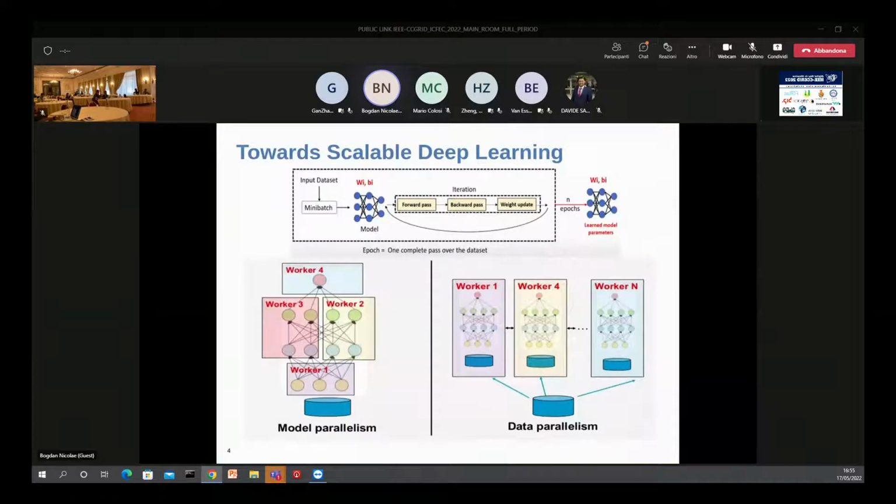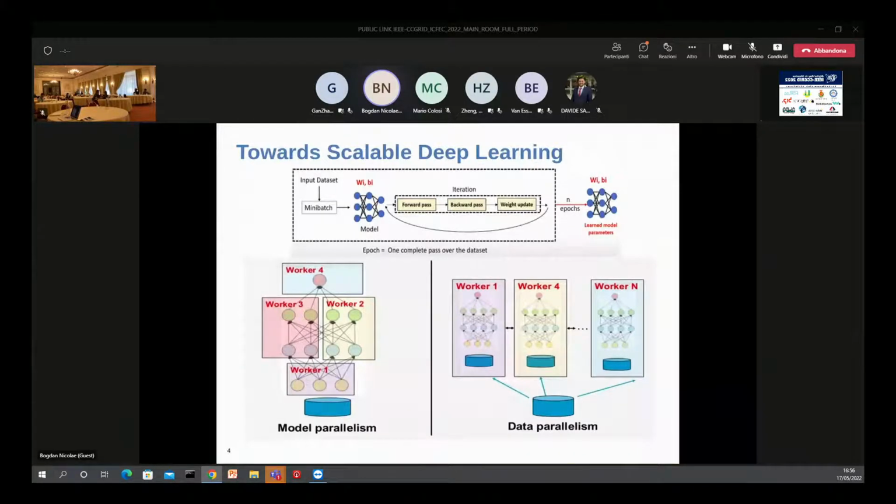We replicate the model on these devices, and then we split the data into partitions, and each worker will look at a different partition. But during the backward pass, they will average the gradients, so these differences between the expected result and the predicted result. And then all these model replicas will be synchronized.